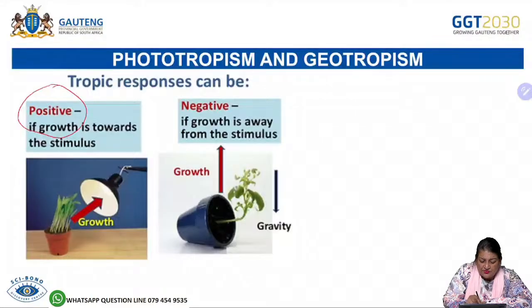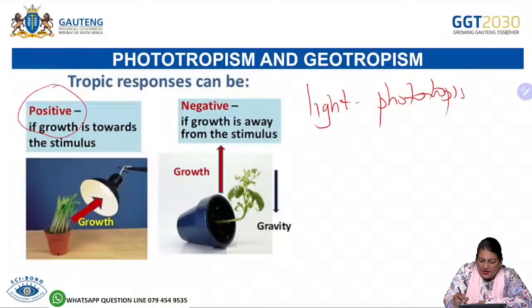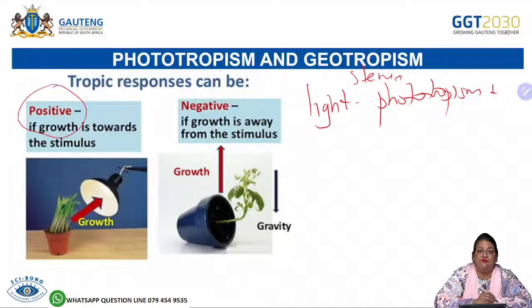So the stems are showing again positive phototropism. So when it grows towards light, we talk about phototropism. And it is the stems that are positively phototropic because they move towards light.